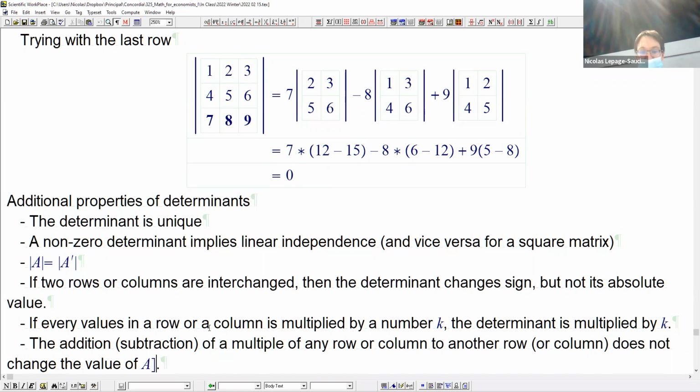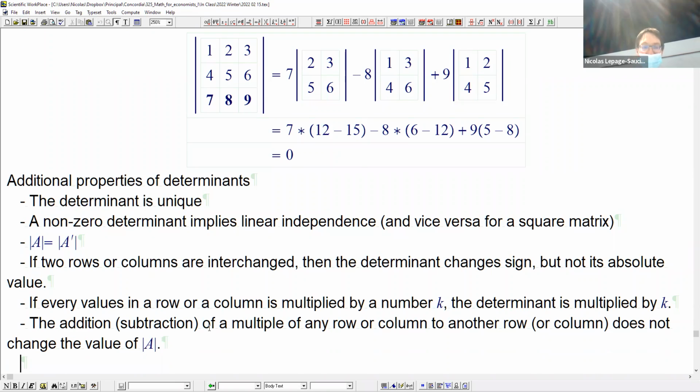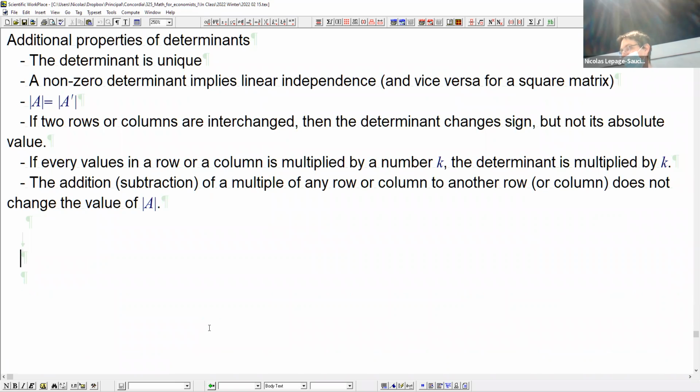So these are all intuitive when we think about systems of linear equations. For instance, if I just add one row to another row, then intuitively it doesn't change the solution to my system of equations. However, when you think about how you compute the determinant, thinking about how this could be the case is not obvious. So I'm not going to prove anything to you. It's already done enough proving.